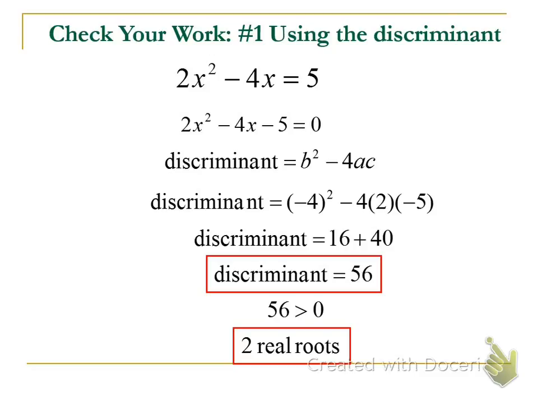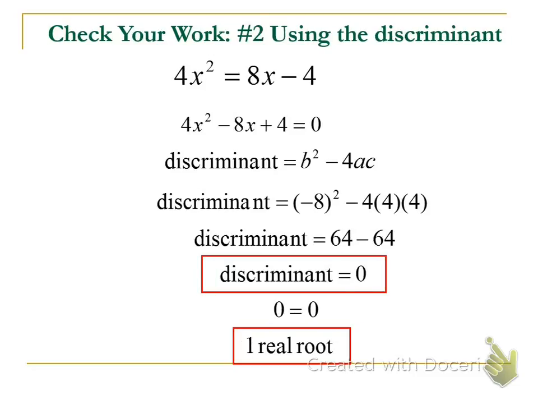So you would take negative 4 squared minus 4 times 2 times negative 5. Negative 4 squared is 16, and negative 4 times 2 is negative 8, times negative 5 is positive 40. So 16 plus 40 gives us that the discriminant is equal to 56. 56 is greater than 0, so this has 2 real roots.